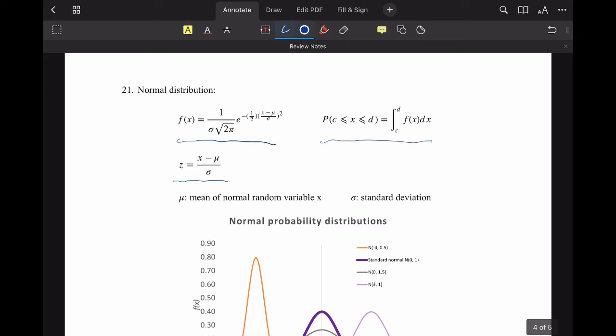And normal distribution, I think, is the most important distribution that we're going to have in this class. The second half of the semester, if I remember correctly, is all about normal distribution. You can tell it from its name. It's normal distribution. It's so normal, right?